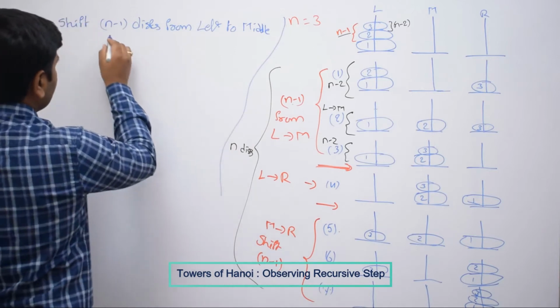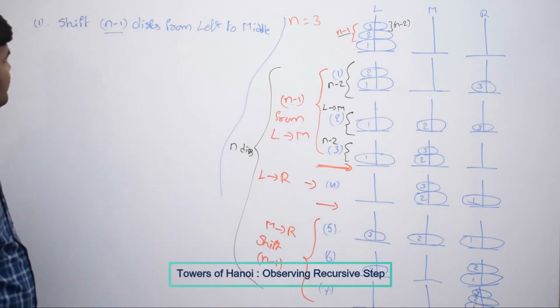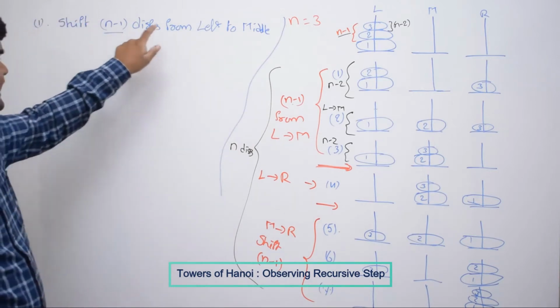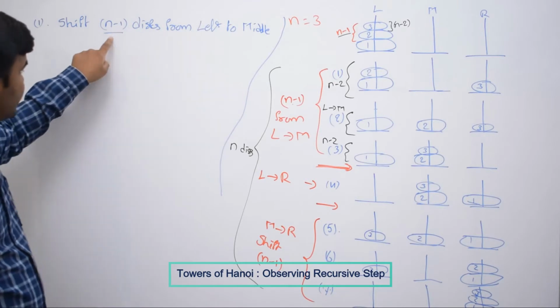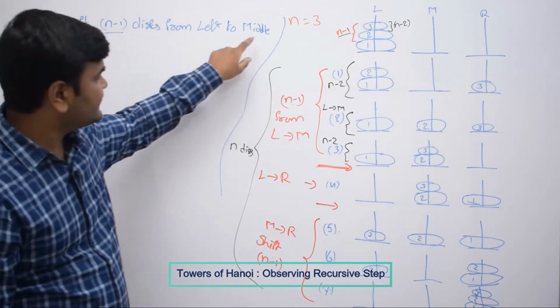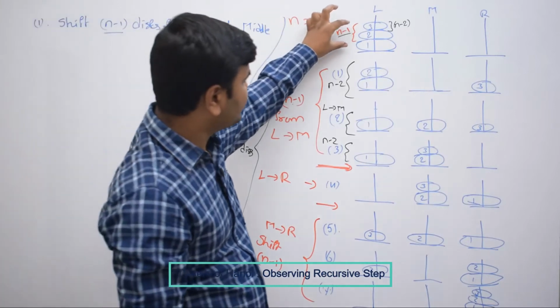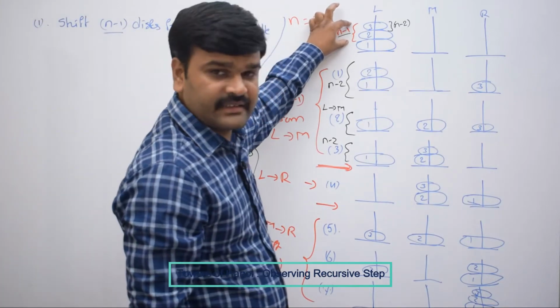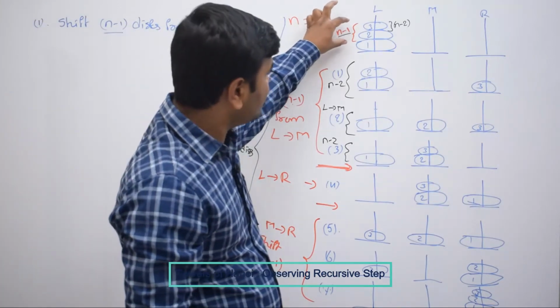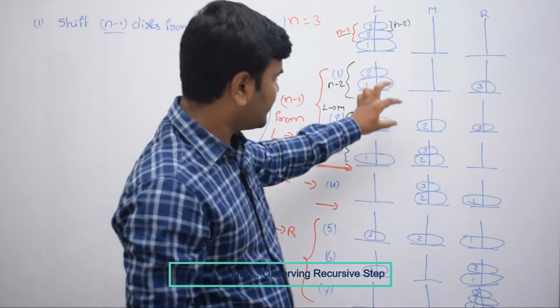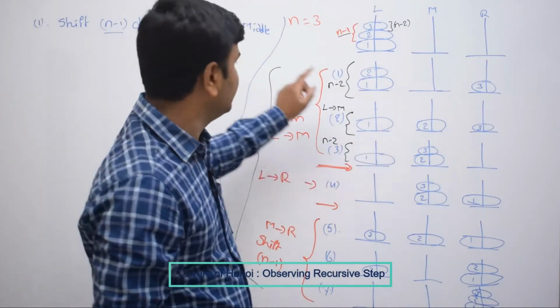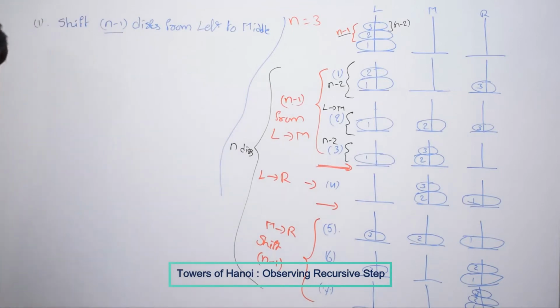So here you see these n minus 1 disks always exist at the left tower. For these n minus 1 disks, the target is the middle tower. That is what you can observe here. They exist at the left tower, and for these n minus 1 disks, the target is the middle tower. So that is the meaning of step 1.